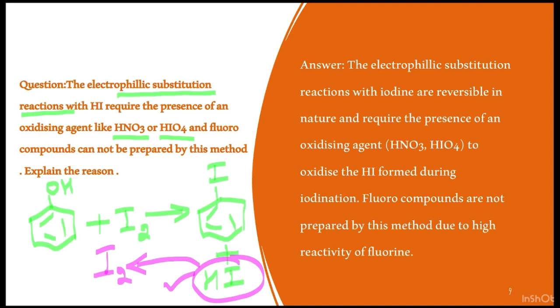So we should already have oxidizing agents like HNO3 or HIO4 so that they can react with the HI formed during iodination and oxidize it. The reaction with iodine is reversible, so an oxidizing agent is required which can react with this and remove it.